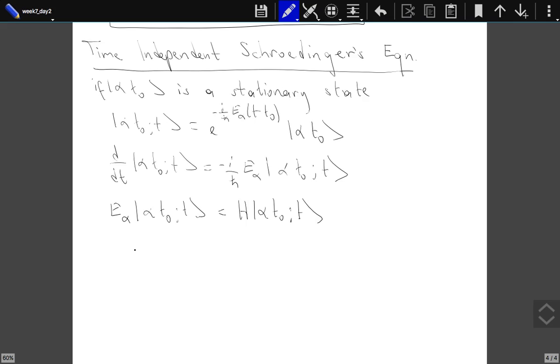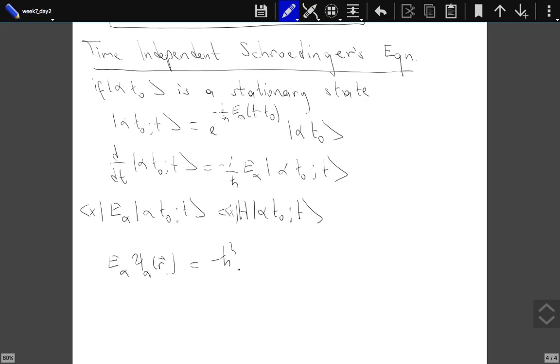Now, if this is the case, you can just multiply it with the bra x. Just repeat the previous derivation, and we would end up having E_alpha psi_alpha of r. Well, there is no time dependence here.